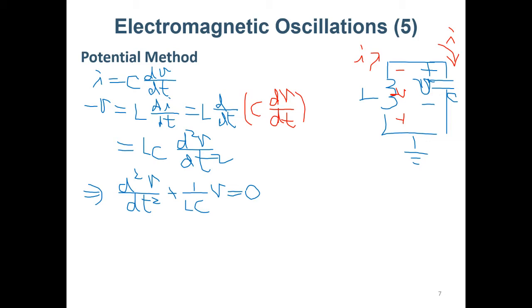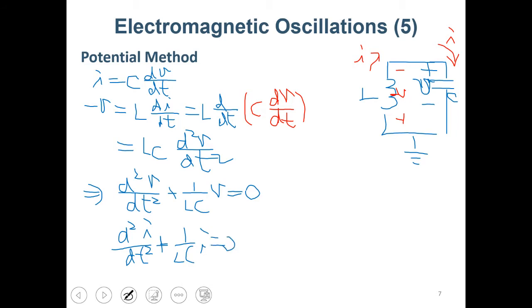But as long as we have a linear circuit, RLC are all linear components, so actually we can still get the second derivative of I equals minus 1 over LC I, which means that I also satisfies this equation.